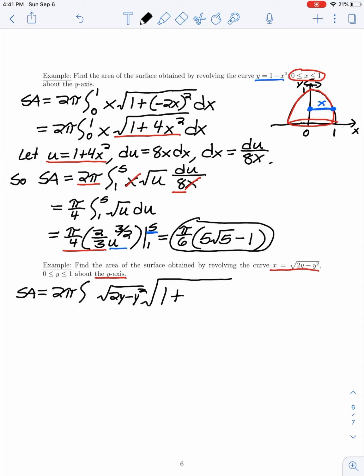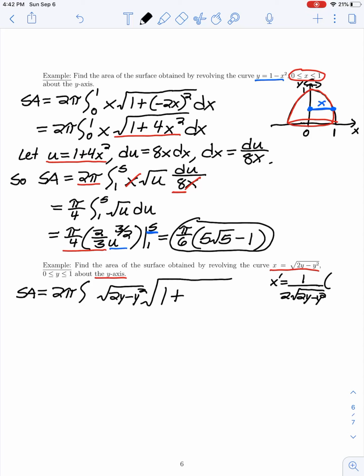So a little scratch work to the side here. To find the derivative of this function, we're going to have to use the chain rule. Recall that the derivative of the square root of stuff is given by 1 over twice the square root of stuff. So for the derivative of the outer function, we would have 1 over twice the square root of 2y minus y squared.